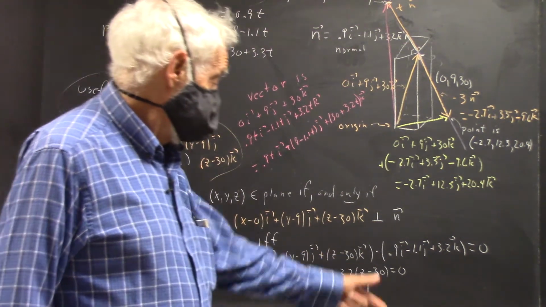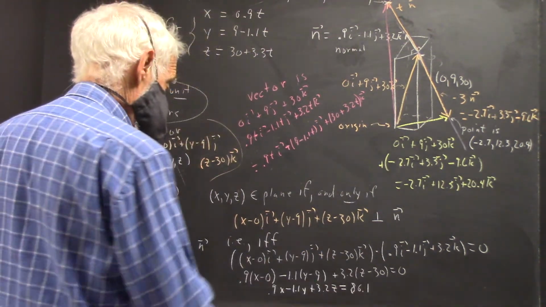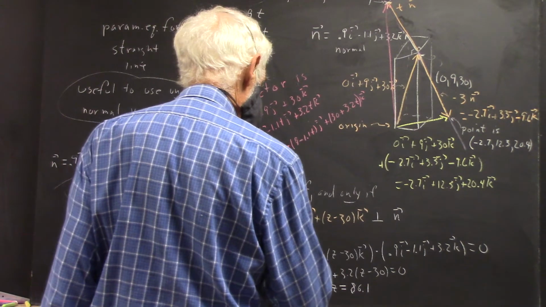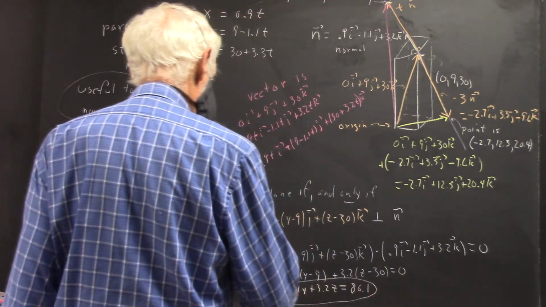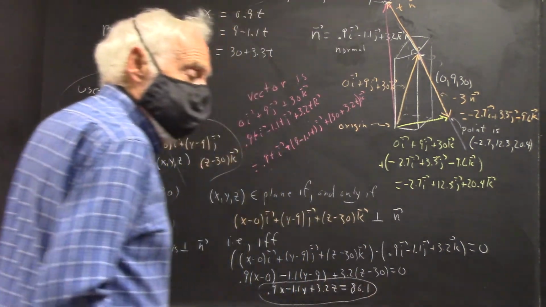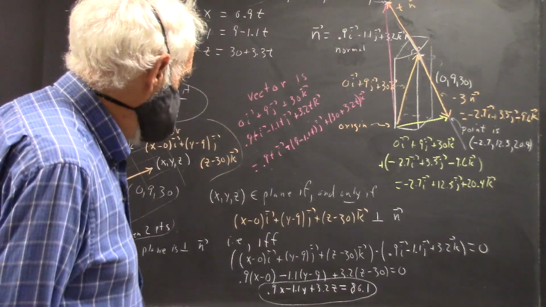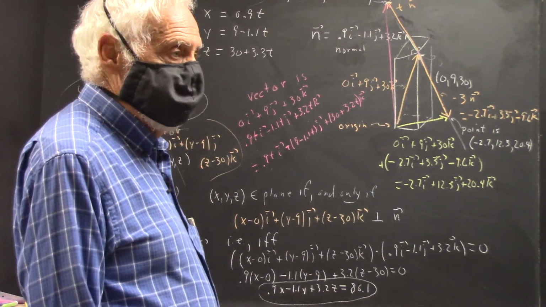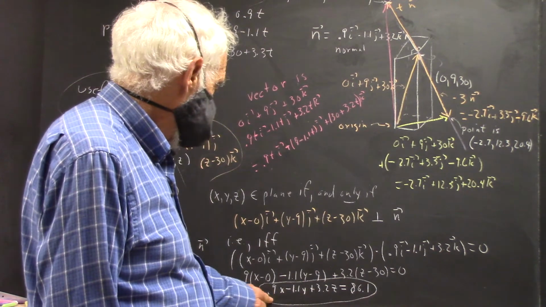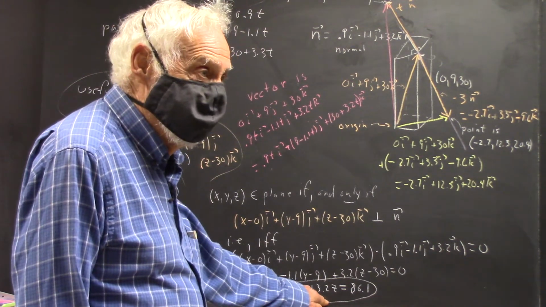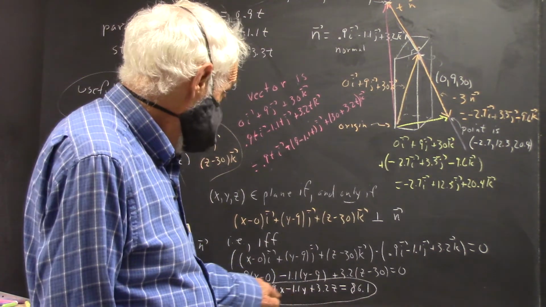So there we have a perfectly wonderful equation of a plane. And notice that our normal vector is sitting right here smiling at us. Right there are the components of our normal vector.